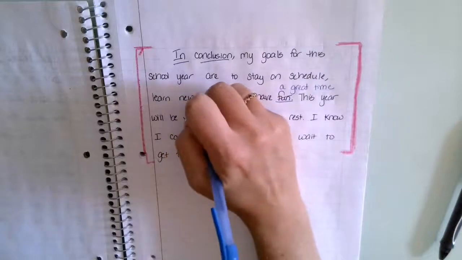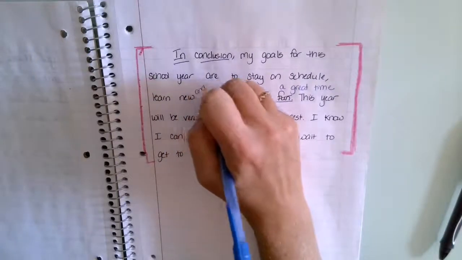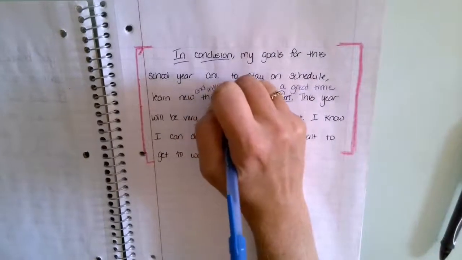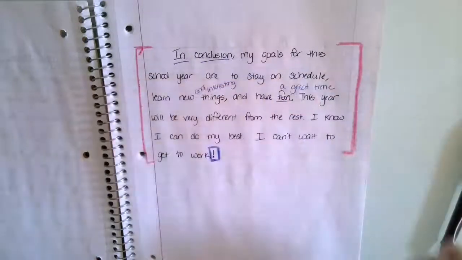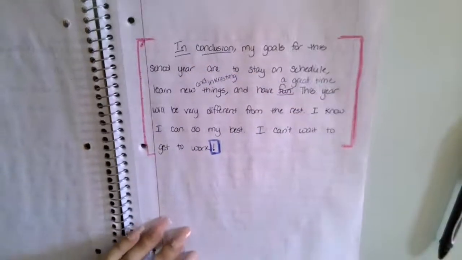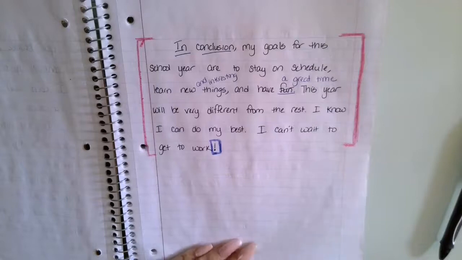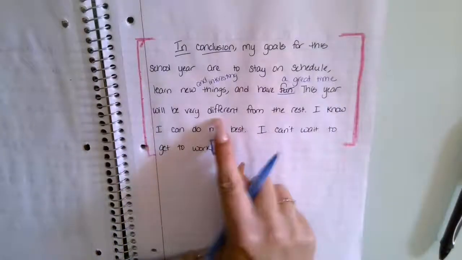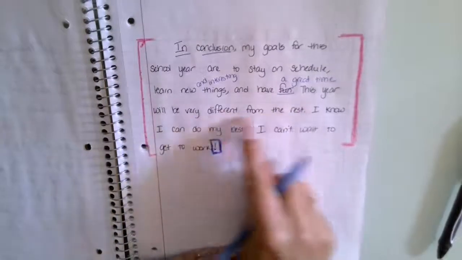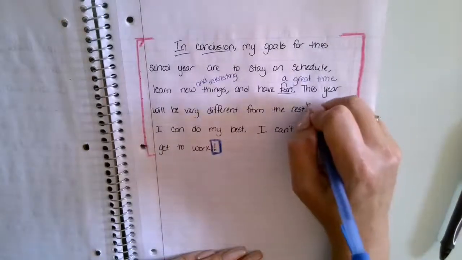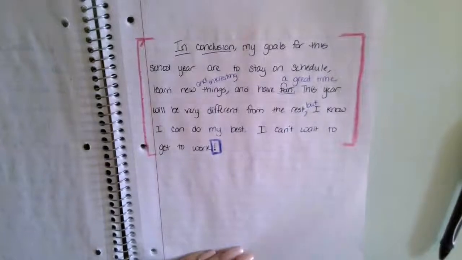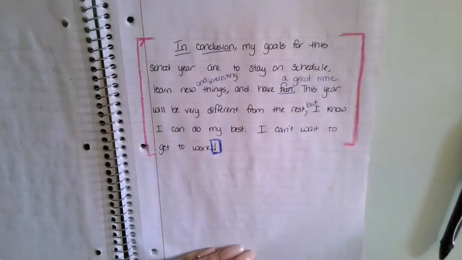How about learn new and interesting things. This year will be very different from the rest. You know what? I'm going to combine these two sentences. This year will be very different from the rest, but I know I can do my best. I can't wait to get to work.